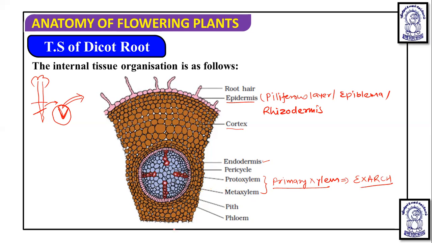We have already studied this. Then you will see the central region, this one, that is the pith. Between the two xylem, you will see the presence of phloem radially. So this is the phloem, which you see in a radial arrangement. This is how this particular anatomy looks.